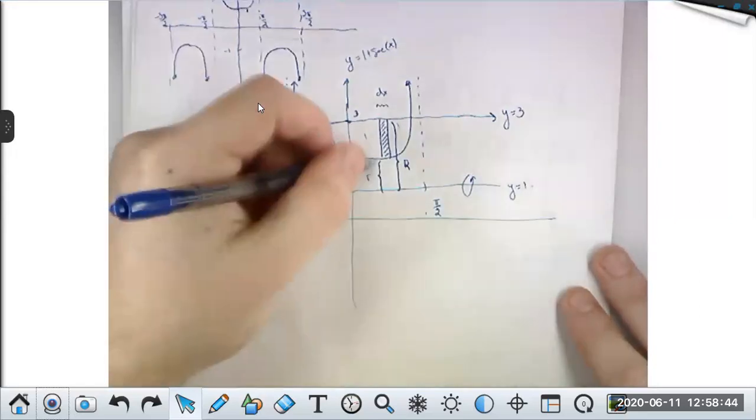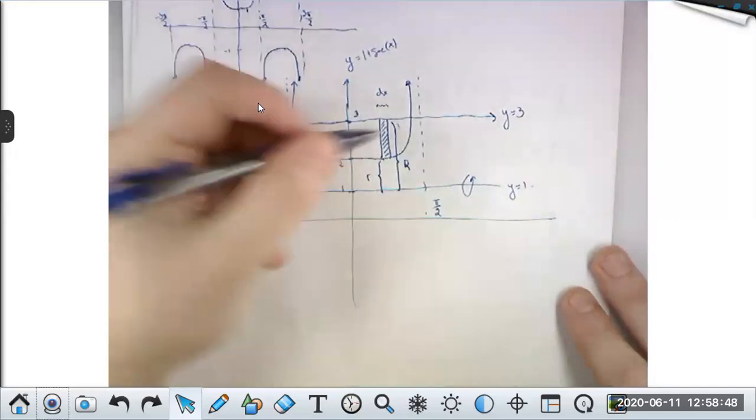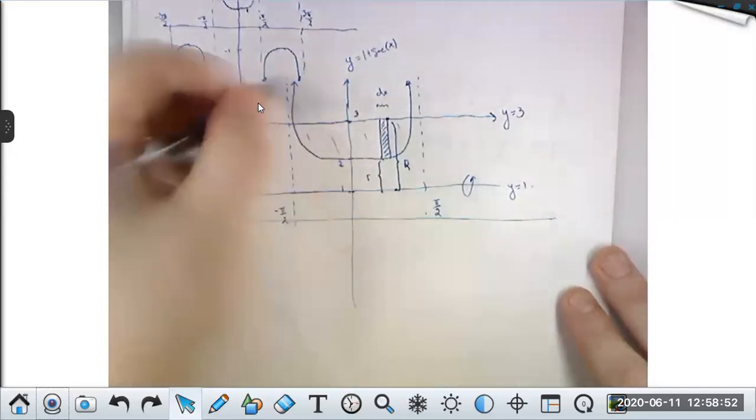Little r is always the distance from the nearer end of the strip to the axis of rotation. Big R is always the distance from the further end of the strip to the axis of rotation.